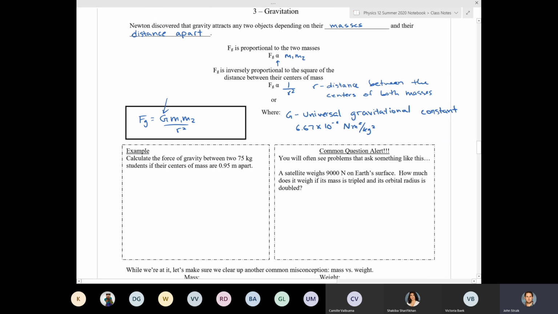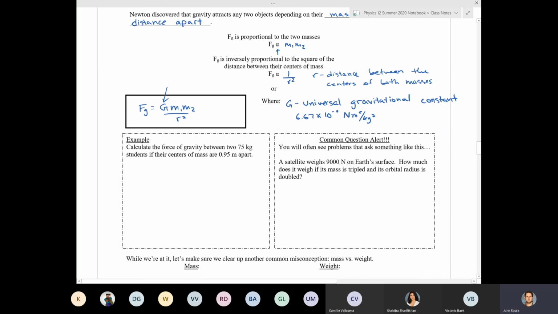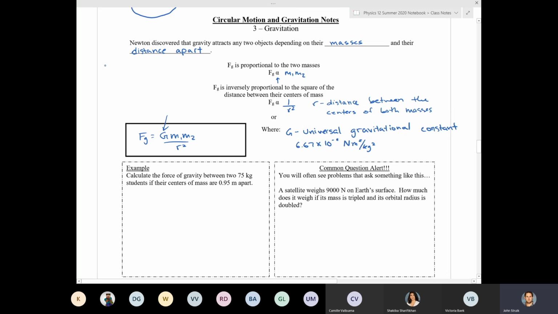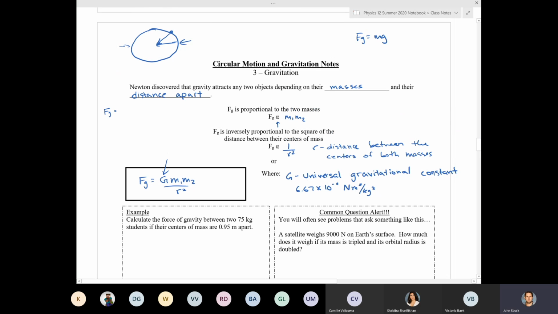I'll show you. Maybe I'll apply this to Earth first. So if we want to find the force of gravity based off of our mg, let's say we have a 10 kilogram object. The force of gravity on the surface of the Earth with the average value of 9.8 would be 98 newtons.